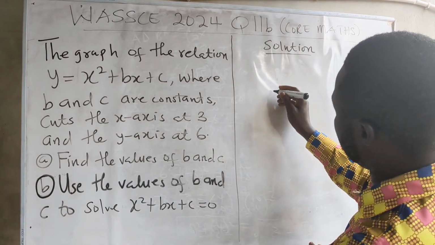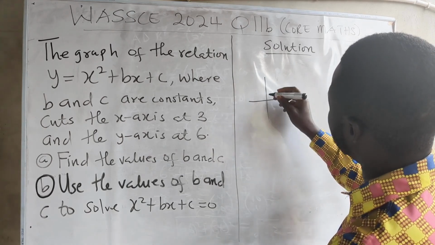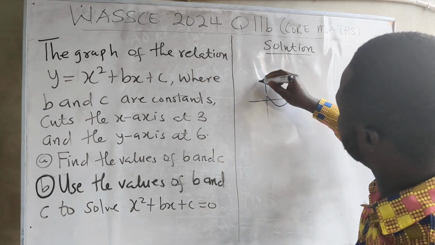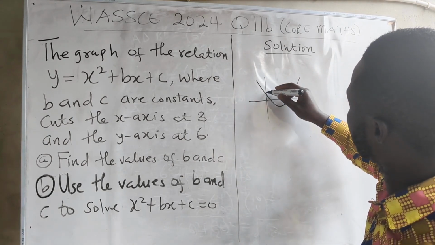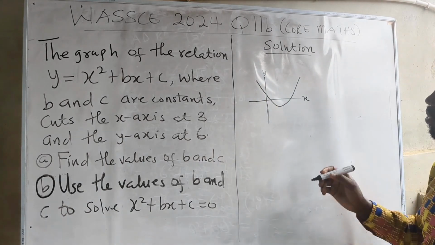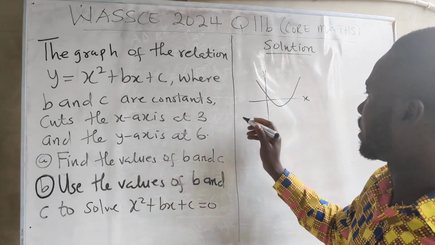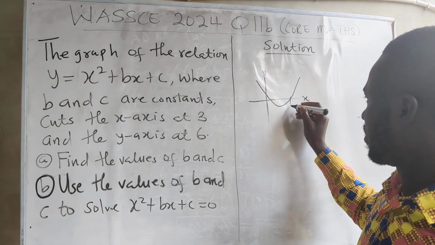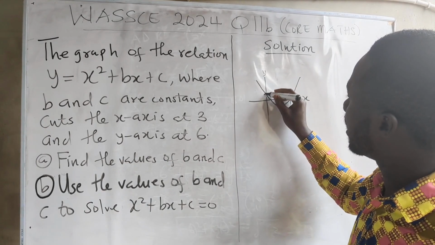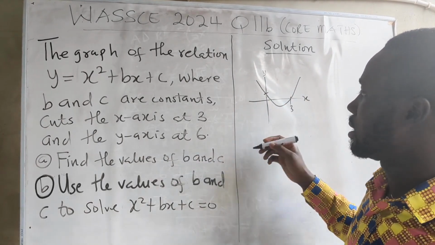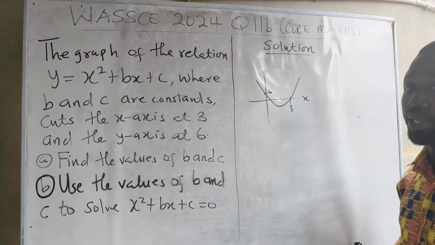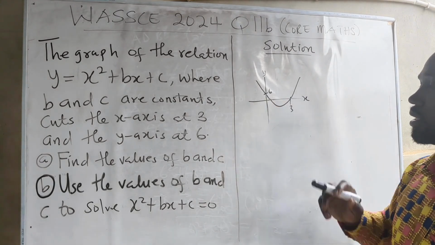So if our curve is going to be minimum, then it will be something like this, where this is our y axis and this is our s axis. It will cut the s axis at 3, let's say maybe my 3 is here, and the y axis at 6, so maybe the 6 is going to be here.